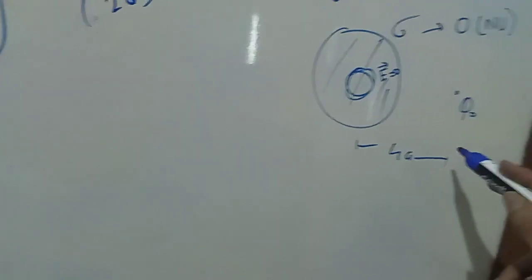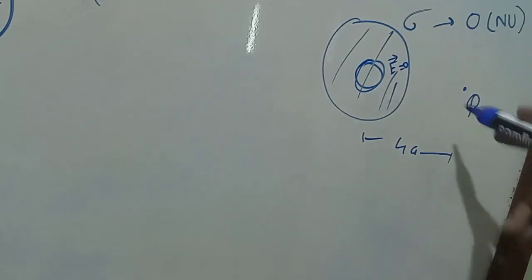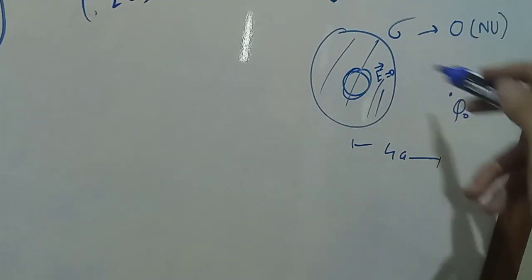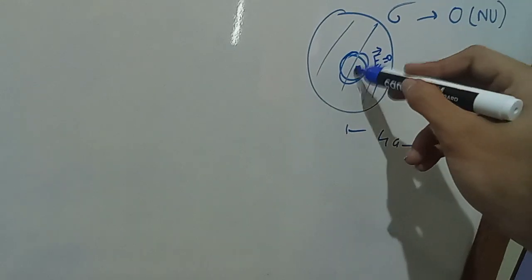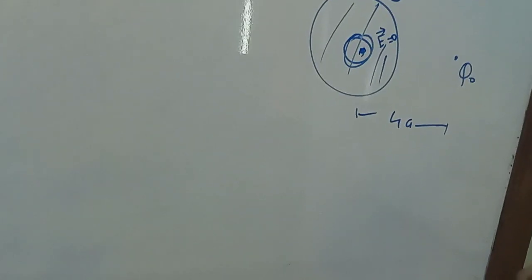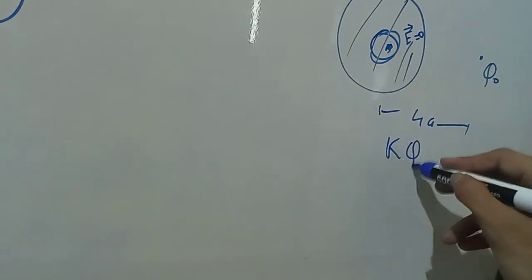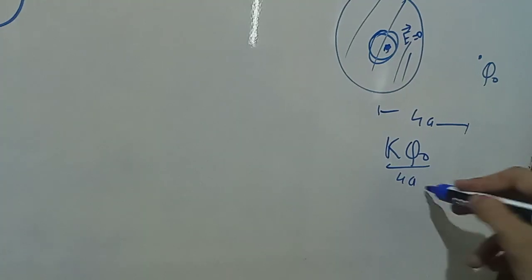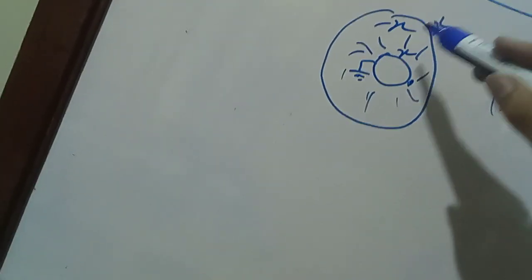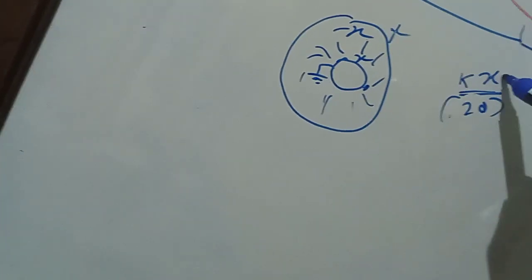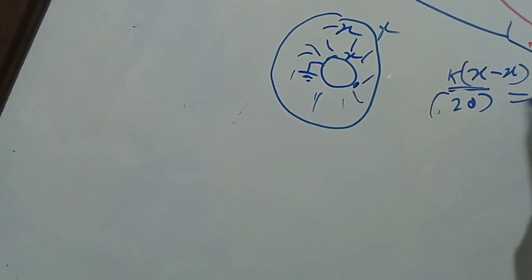From here we can say the field here and everything else is the same, so here is q naught, k q naught by 4a, and due to this whole system, we have to take the whole charge on the outer sphere, which is kx minus x, and this is going to be 0.